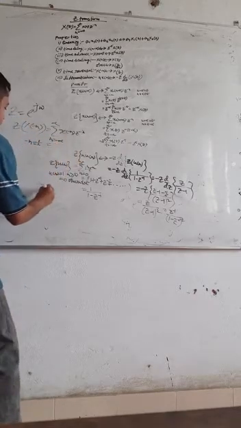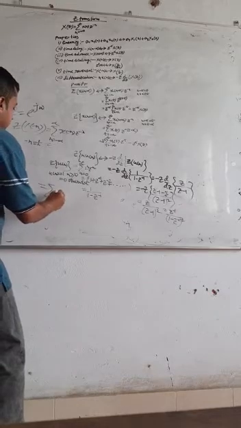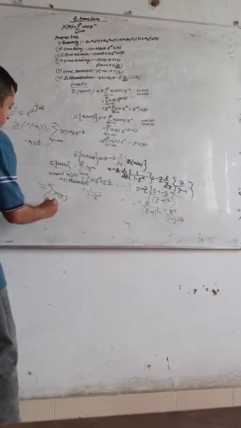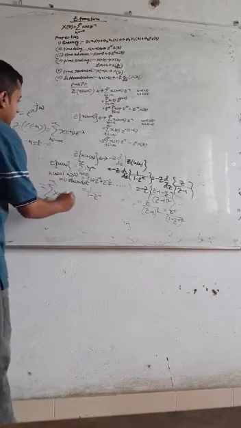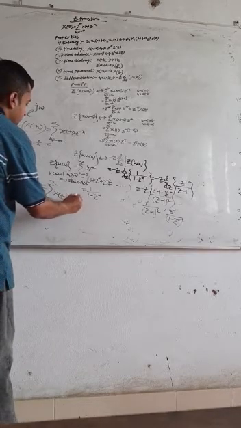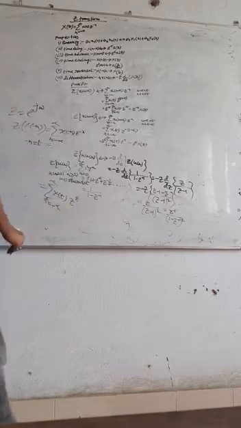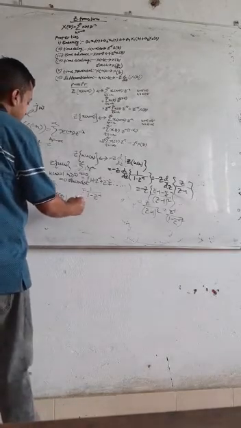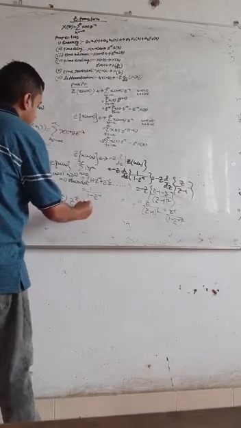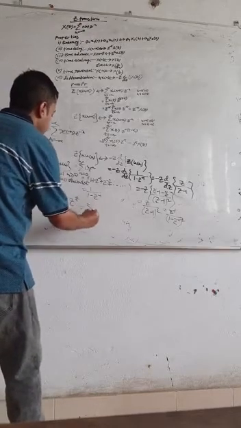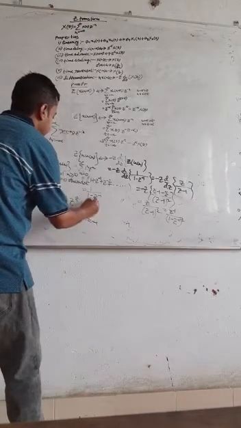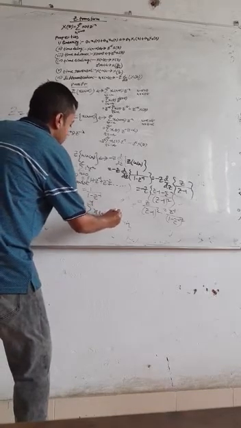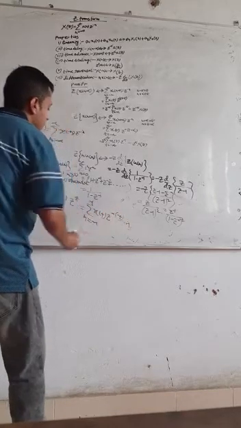So your Z transform will be the sum over t from minus infinity to plus infinity of x of t z to the power minus t.